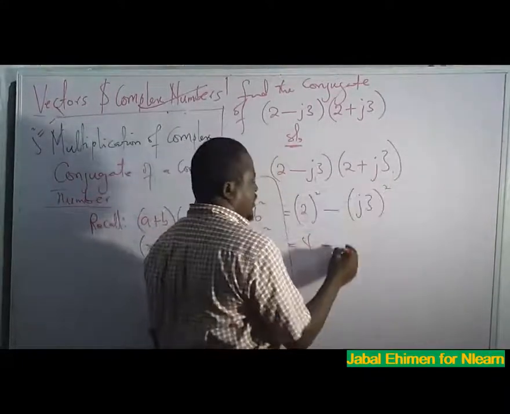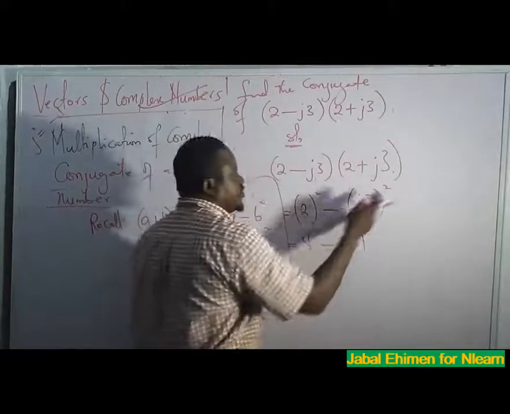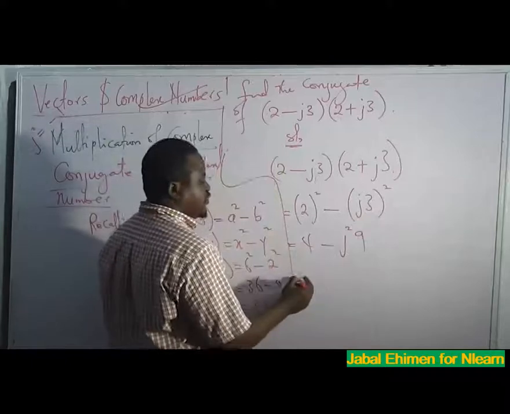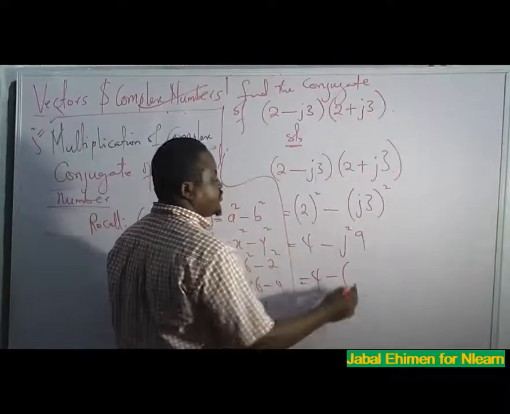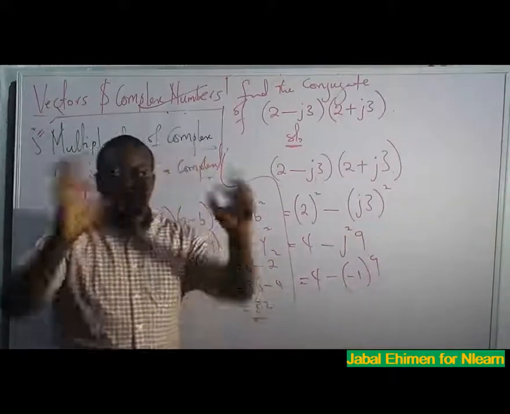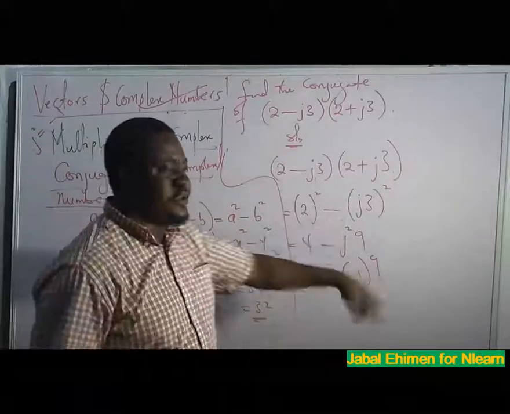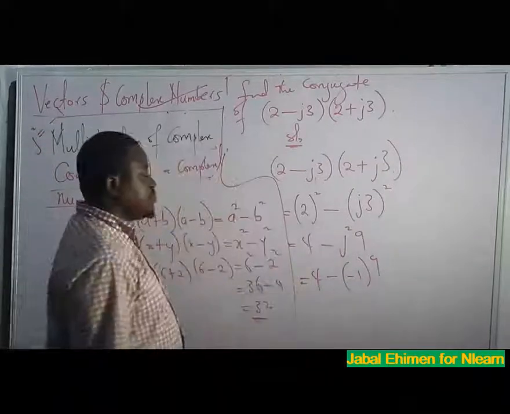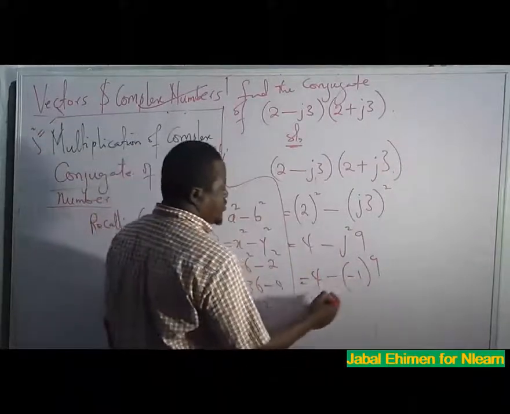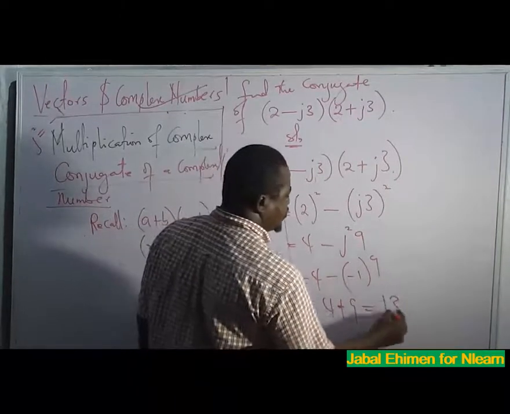But j squared, don't forget what j squared is, class. J squared is minus 1, so minus times minus will give us plus. Now, minus minus being plus, that becomes 4 plus 9, which automatically is equal to 13.